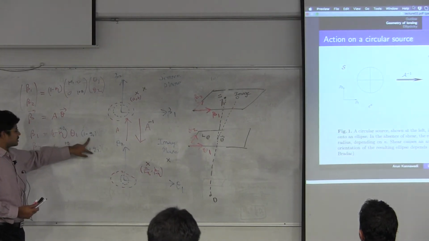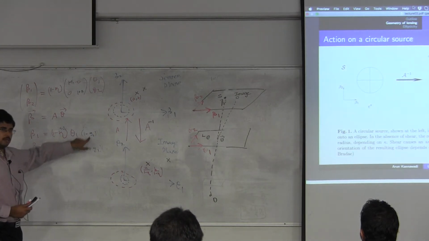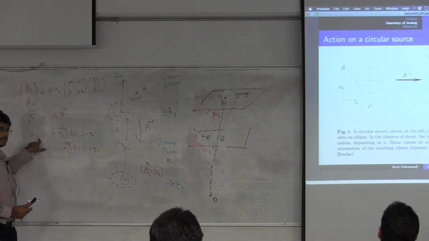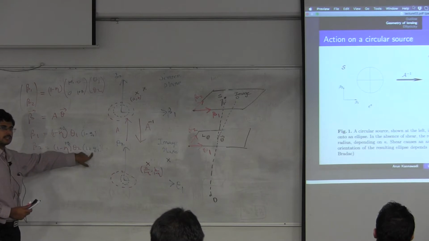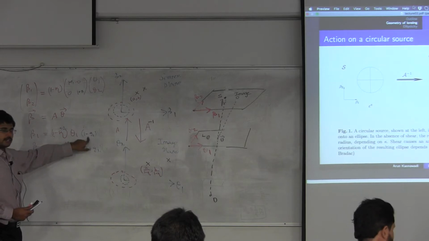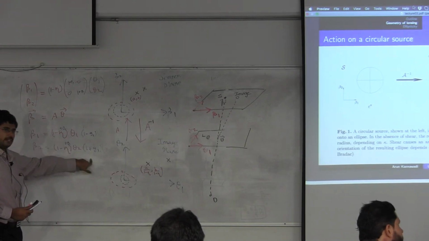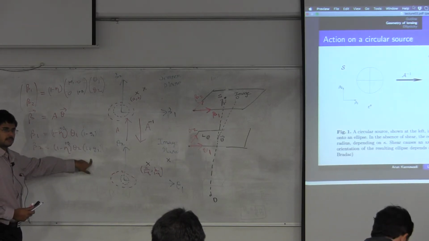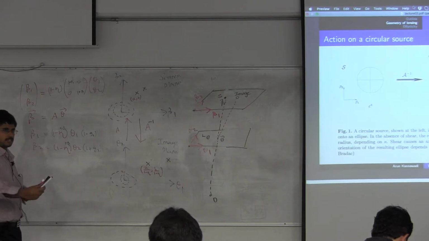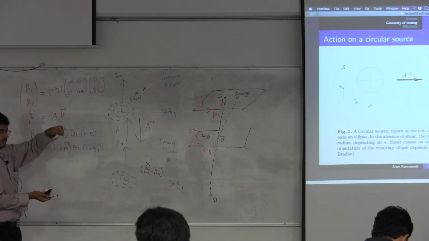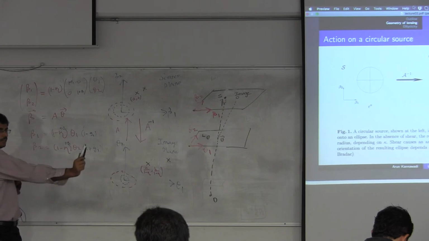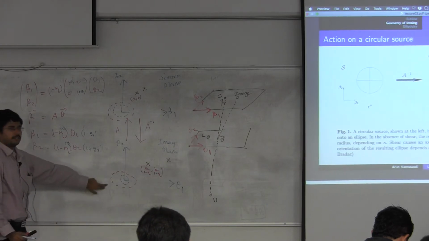But the G1 does not, because it's 1 minus G1 in one of the axes, it's 1 plus G1 in the other. So if G1 is something like 0.1, then you contract in one direction and you expand in the other direction. That changes the shape. So it's like taking a circle, pushing it in one direction and pulling it along the other. Okay.